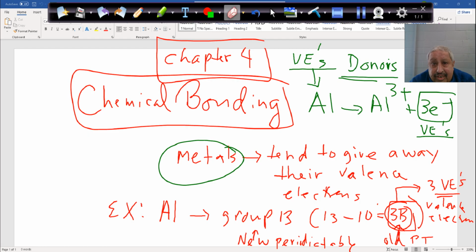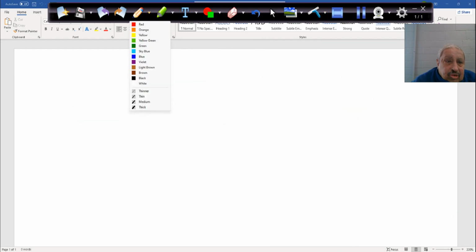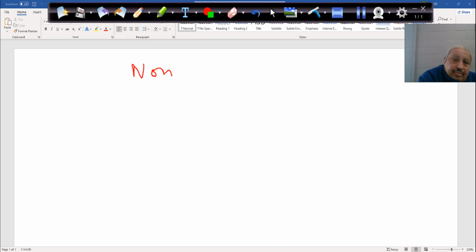So let's look at the non-metals. Any question here? Okay, let's look at the non-metals. Sometimes non-metals are written as one word. Some textbooks don't like this, and some like to write it that way.